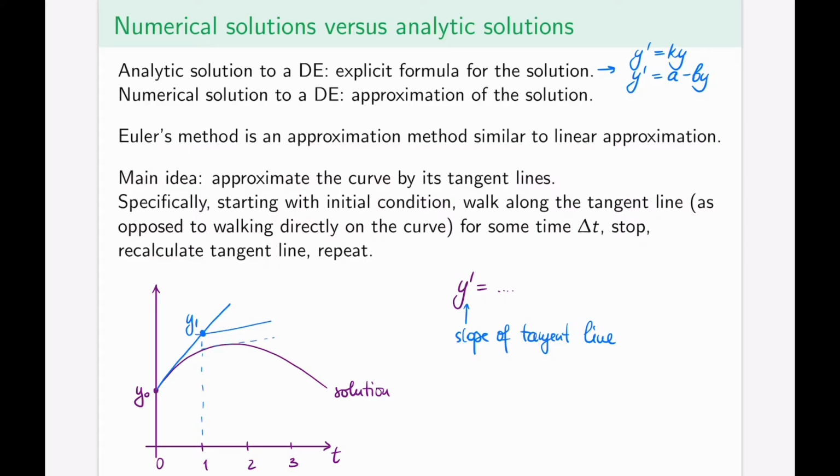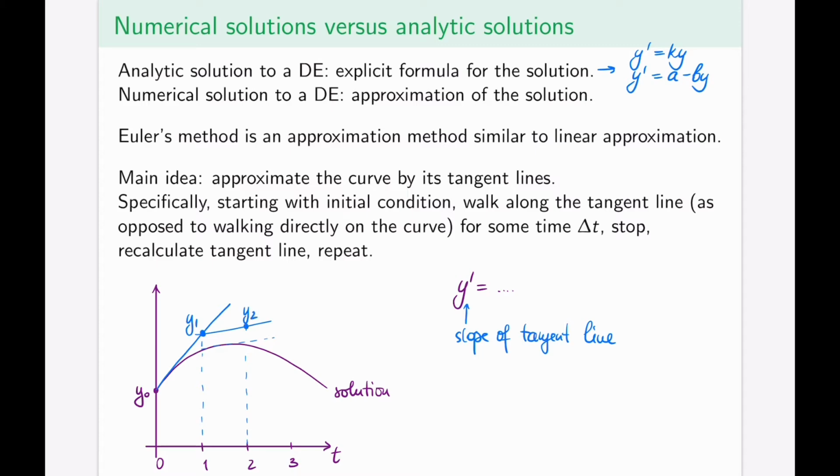And I can now travel along this line to calculate the approximation value at 2. So now looking here at 2, the exact solution would have been at this point, but my approximation is now at this point. This is what I'm going to label as y2.